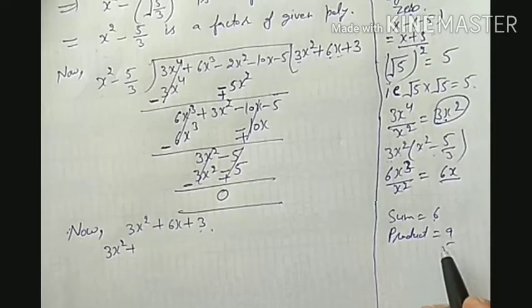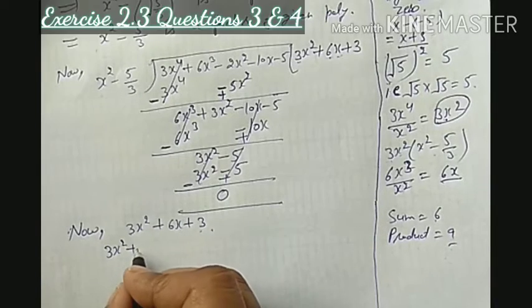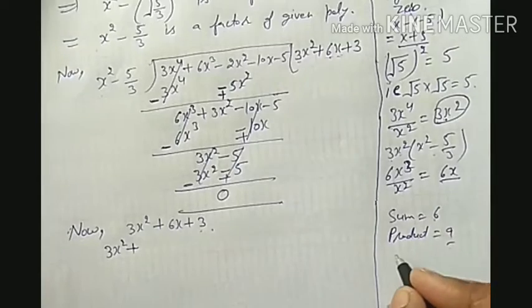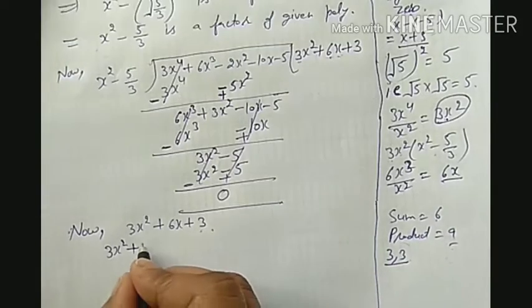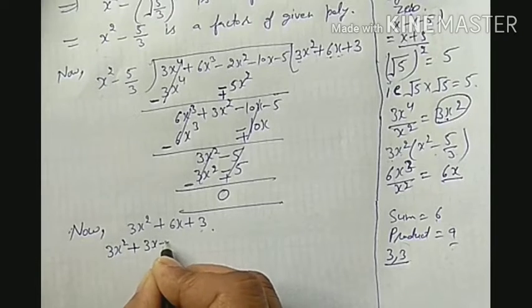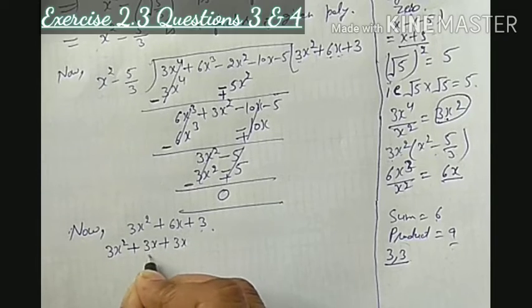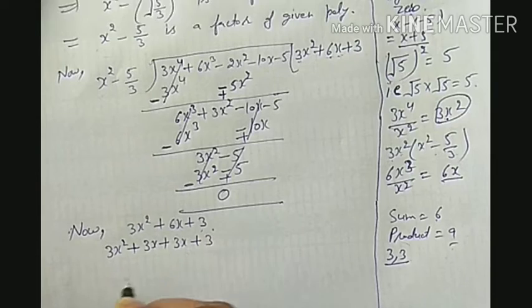Sum is equal to 6 and product is equal to 9. So it will be 3 and 3 because sum 6 and product 9. So plus 3x at the place of 6x we are writing 3x plus 3.